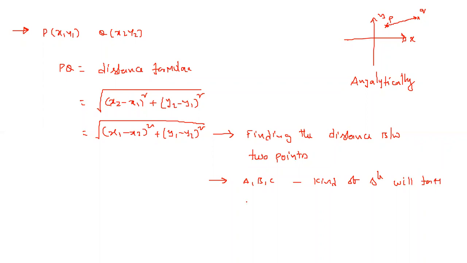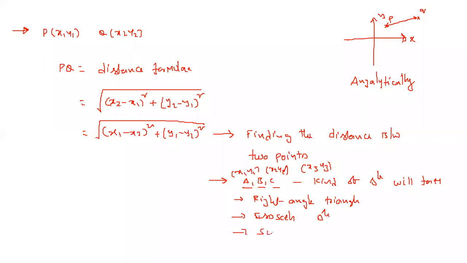Can you give the different triangles and their conditions? Right angle triangle. Suppose A, B, C are the three points where A is (x1, y1), B is (x2, y2), C is (x3, y3). If I ask you to check whether it is a right angle triangle, or isosceles triangle, or scalene triangle, what are the conditions?